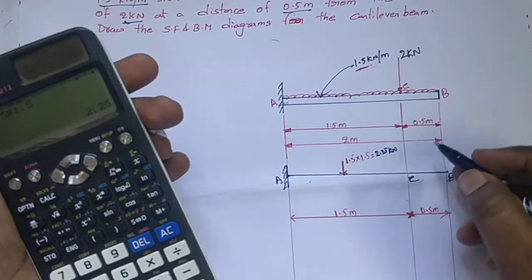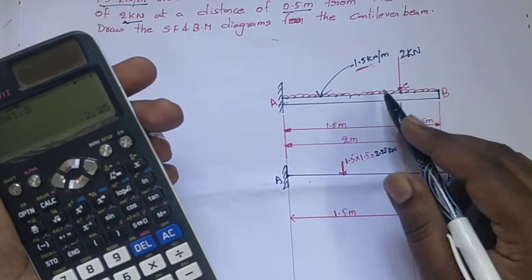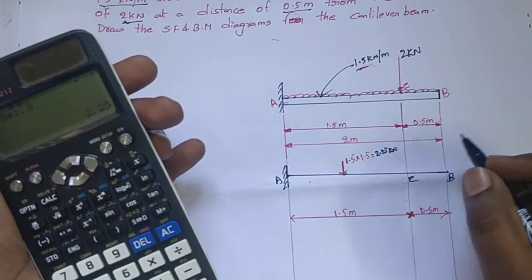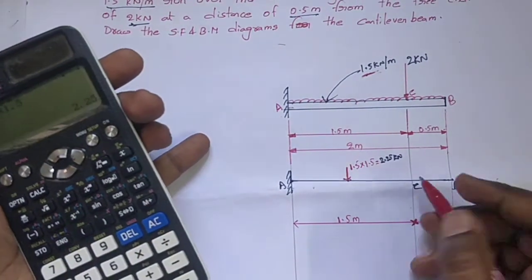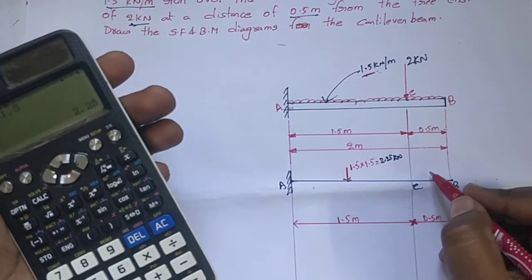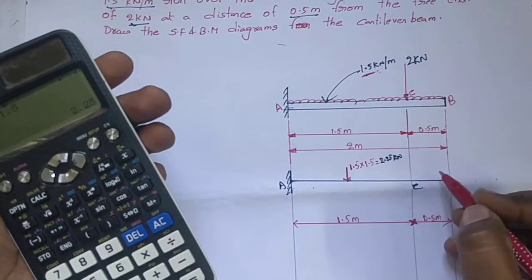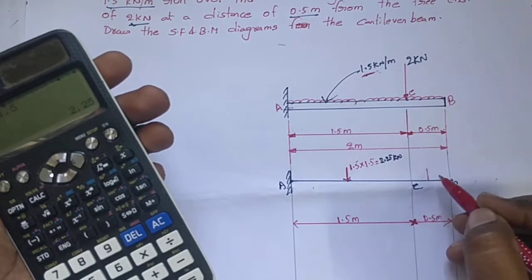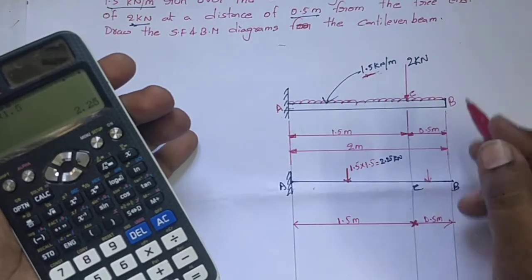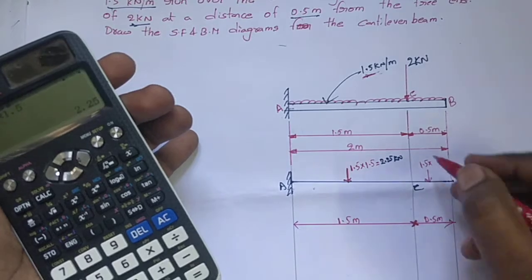Okay, similarly from C to B also a UDL load is acting. How much load is acting? 1.5 kilonewton per meter, so we need to calculate this load also. C to B is a UDL load. I am converting it from UDL to point load, so it will act at the midpoint of CB, that is this point. The load acting from C to B is 1.5 and the distance is 0.5.